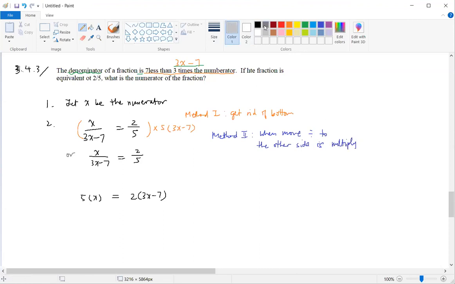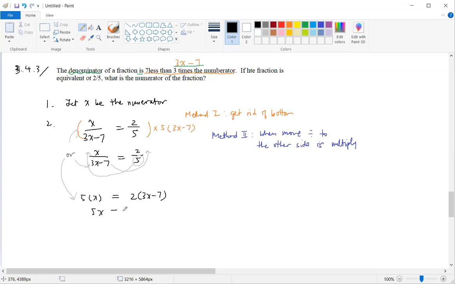The way I wrote it was like this. Either you do it like this or that, you will get to this. Here is a dividing, so when you move it over, it becomes multiplying on top. So 5 dividing, move up here, that's how you get this 5x. This is a dividing, when you move it up it becomes multiplied, so this side is 2 times the 3x minus 7. Either way, you get rid of the bottom. The rest is clear.